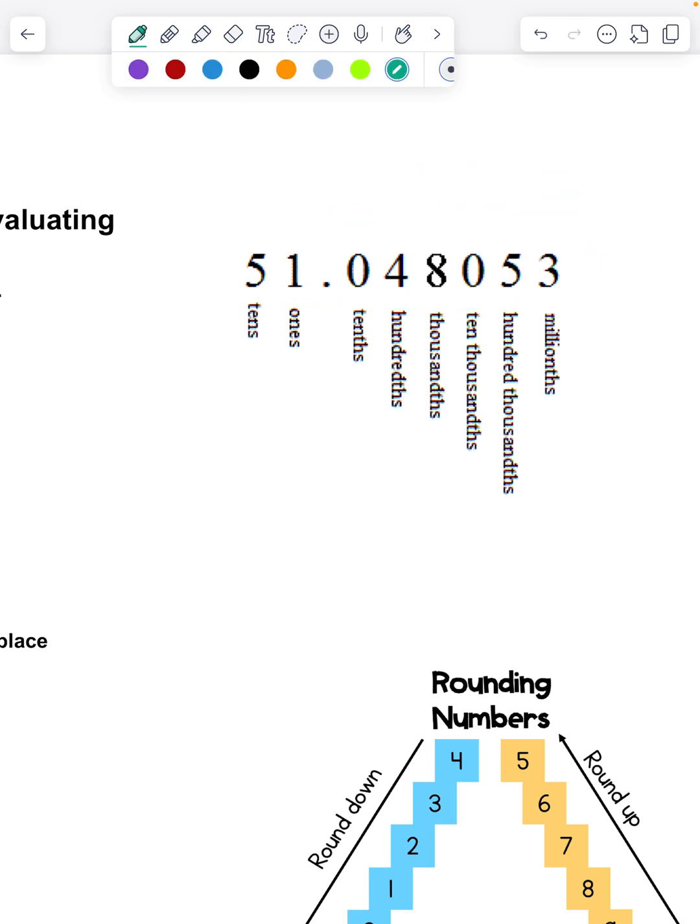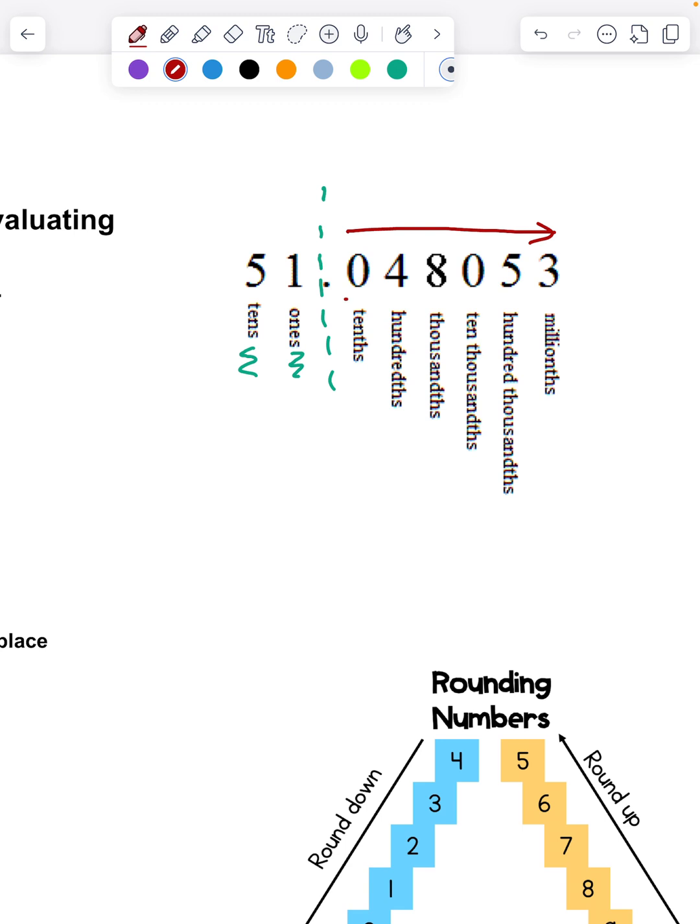There are some rules for rounding, but before we get to the rules, we have to the left of the decimal the ones place, then the tens place, then the hundreds place. But we care about what's to the right of the decimal.